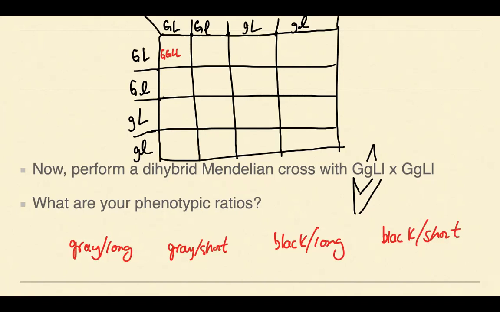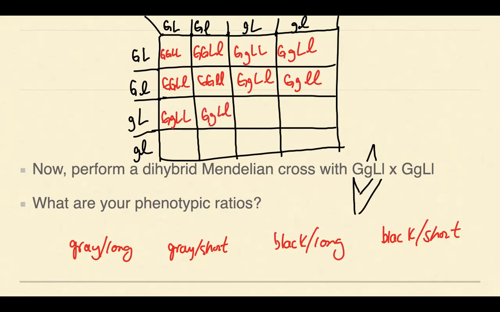Okay, so then we go through the boxes: big G, big L, little l, big G, little g, big L, big L, and so on.